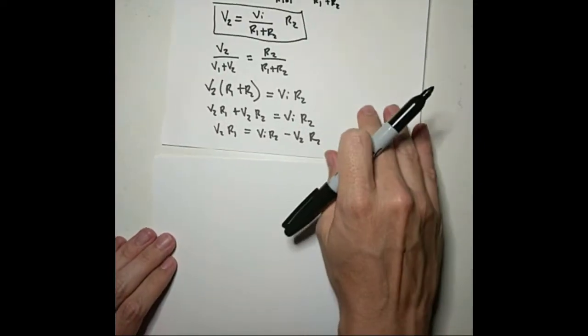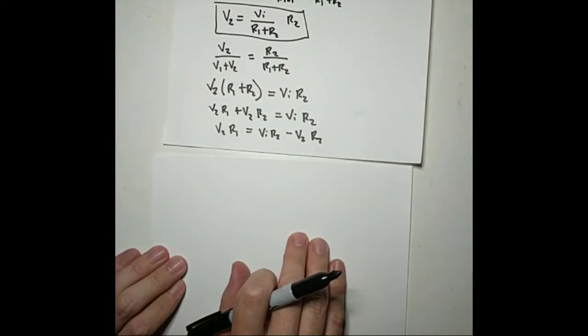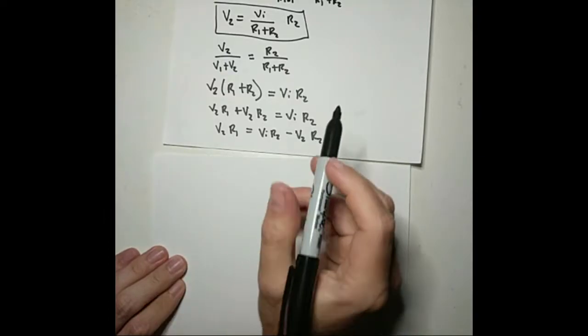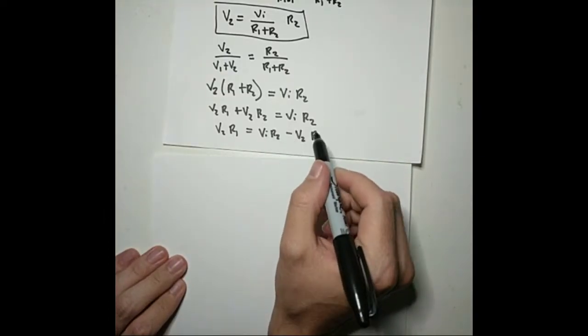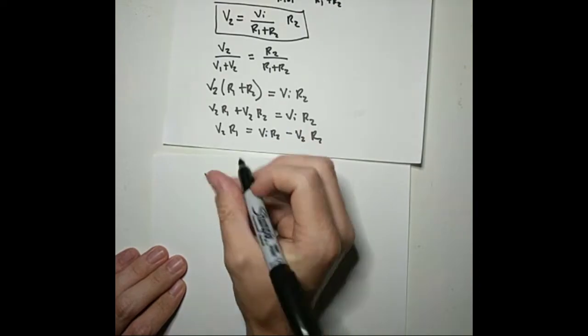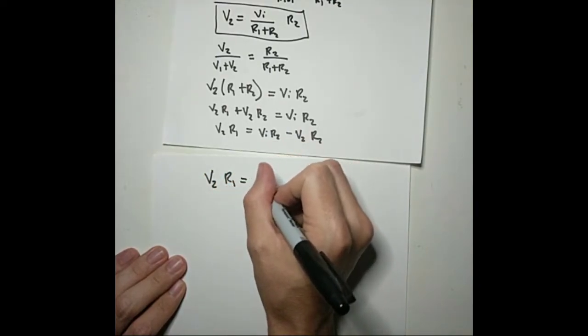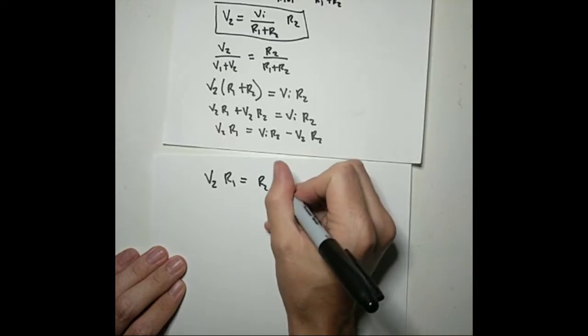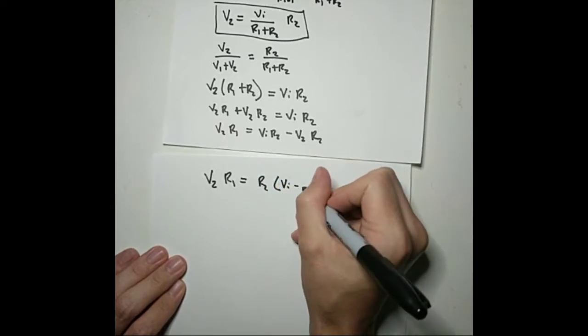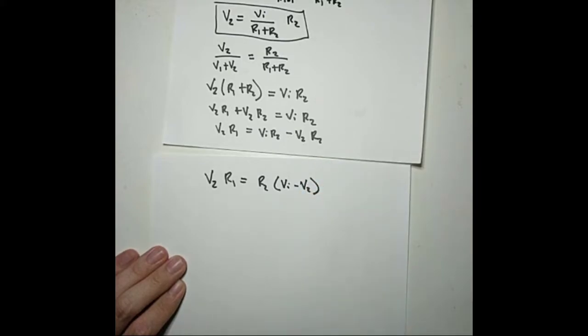So going from there, I can now combine these. So I can say V2R1 is R2 times VI minus V2.